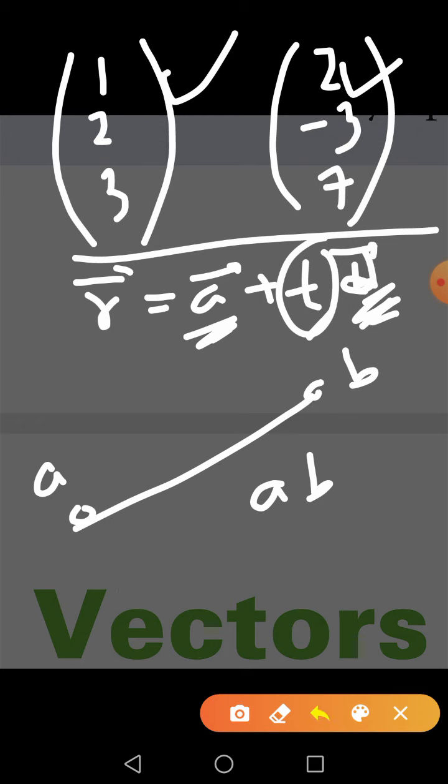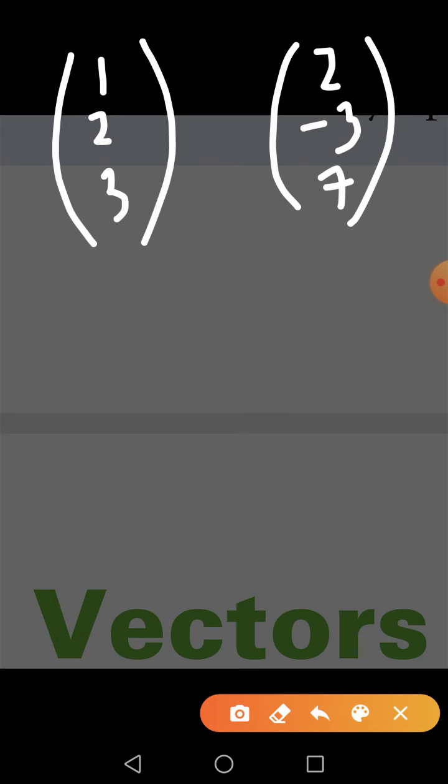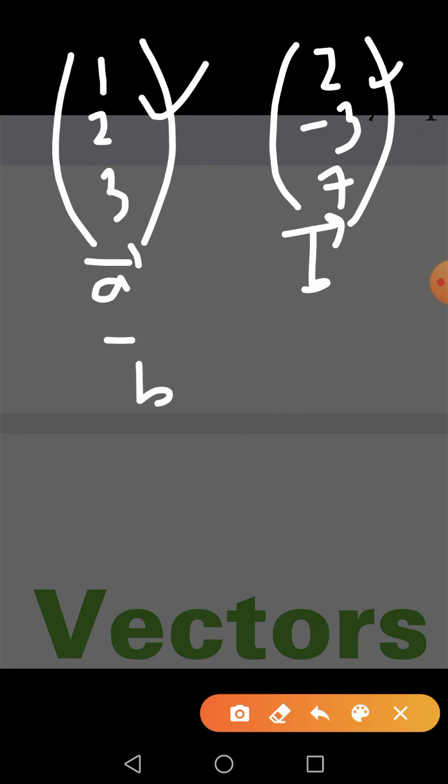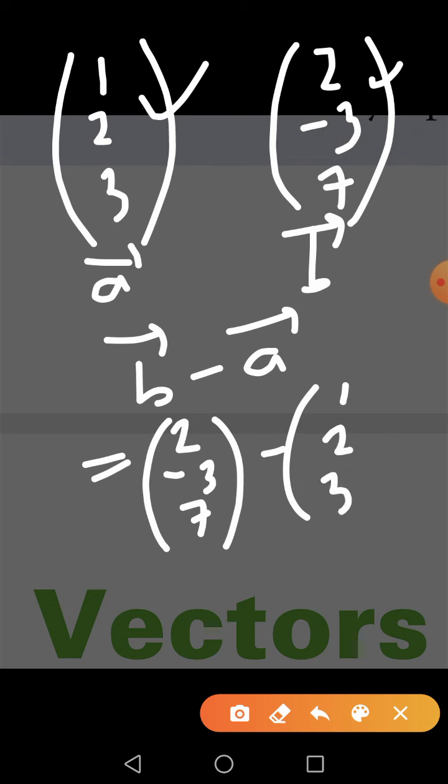Suppose this is one coordinate point, this is another coordinate point, this is A, the position vector of A, and this is B, the position vector of B. Now if we are to find B minus A, then it should be 2, -3, 7 minus 1, 2, 3.